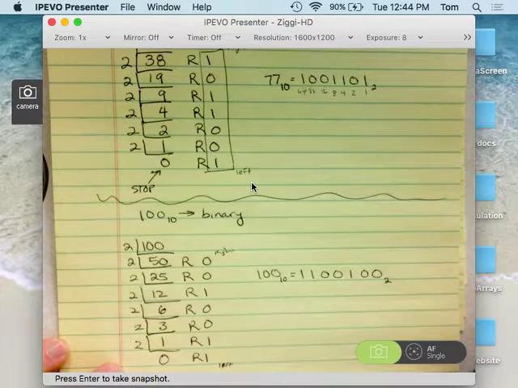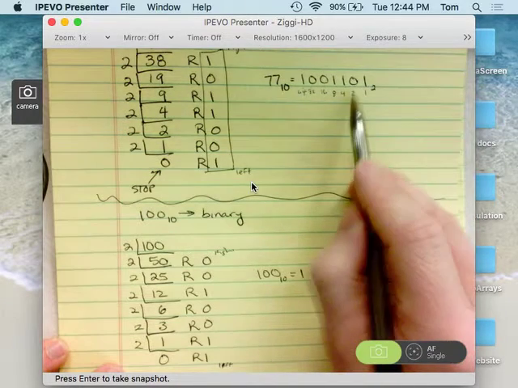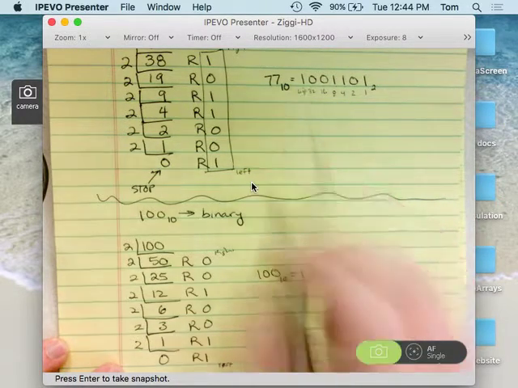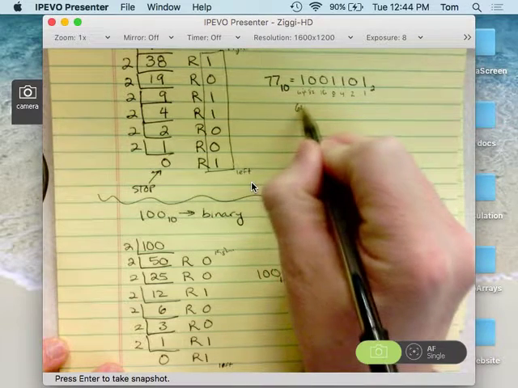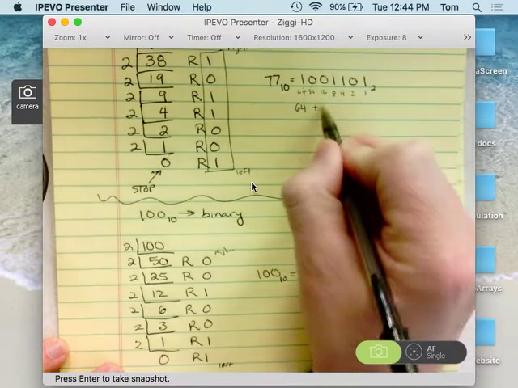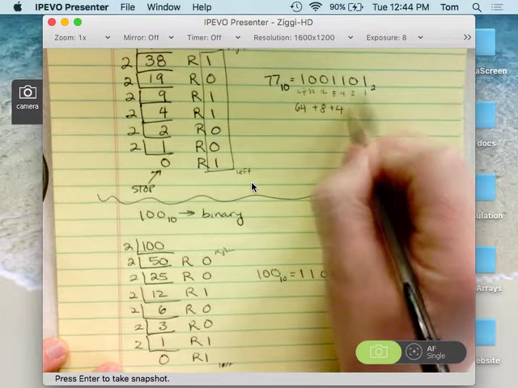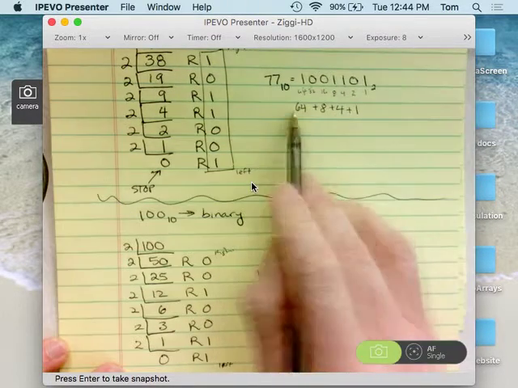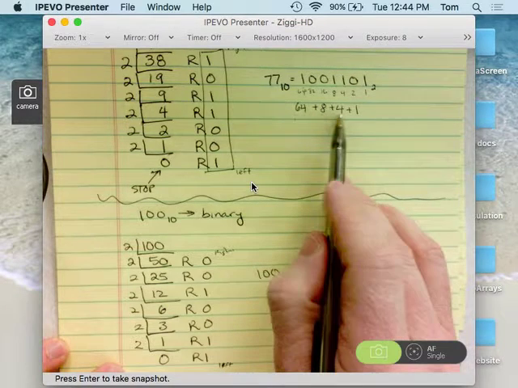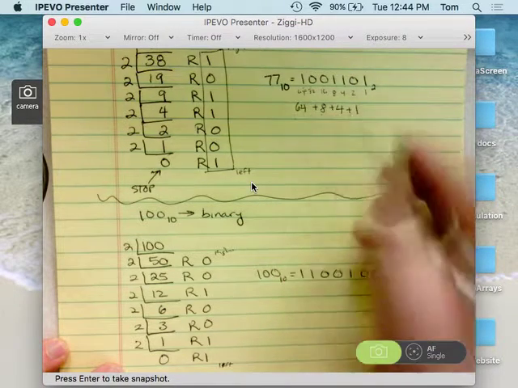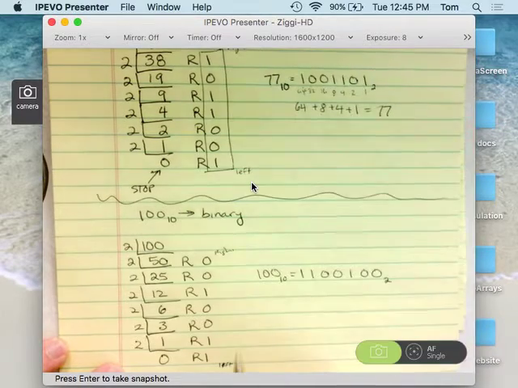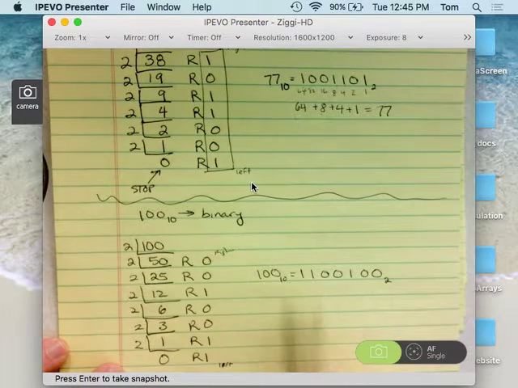So 1's place, 2's place, 4's place, all the way up to the 64's place. I have 1 64, plus 1 8, plus 1 4, plus 1. 64 plus 8 is 72, plus 4 is 76, plus 1 is 77. So I'm just checking my work there. Check your work for the 100.